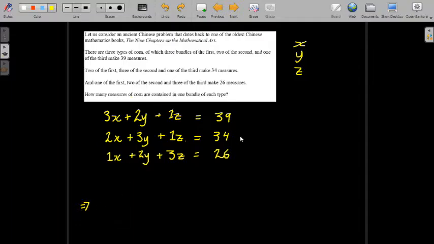I can use this information now and translate it into matrices. So just like before, my first matrix is going to be the coefficient matrix. Basically, it's all the numbers next to our unknowns. So we've got 3, 2, and 1 along the top, 2, 3, and 1, and then 1, 2, and 3.